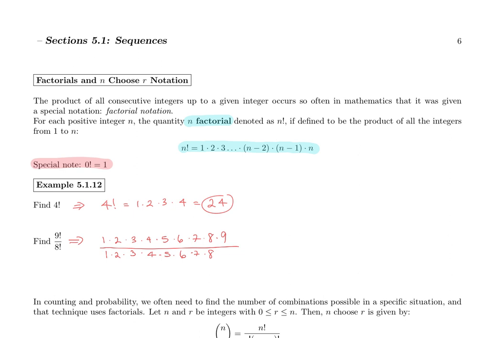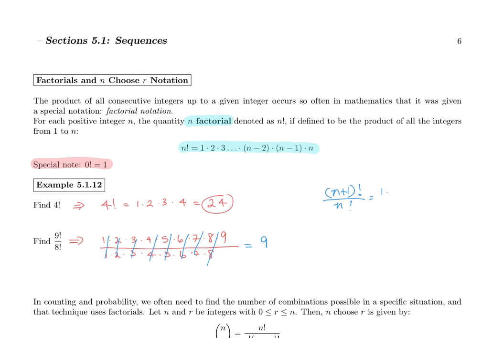This is where the 1s, 2s, 3s, 4s, 5s, 6s, 7s, and 8s all cancel, and all we're left with is 9. So what do you think that n plus 1 factorial over n factorial is going to look like? Well, think about it. That's like 9 factorial over 8 factorial. We just had 9 left.